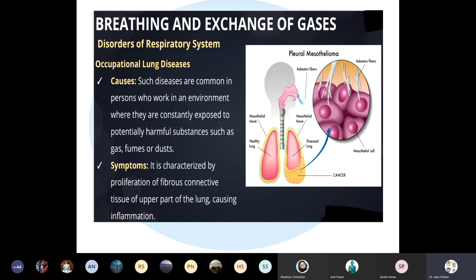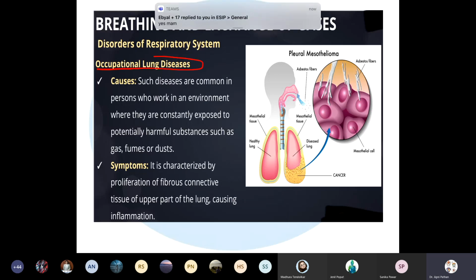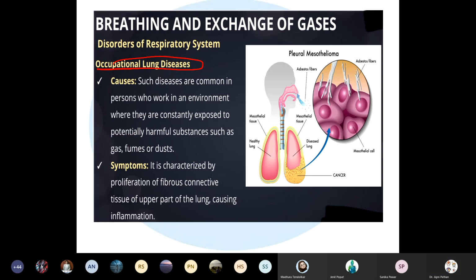Very, very important. Many times these questions are asked. Write down: occupational disorders. Such diseases are common in persons who work in an environment where they are constantly exposed to harmful substances.